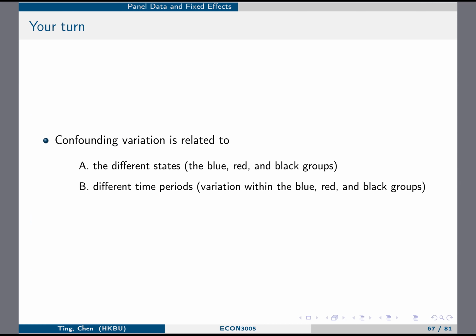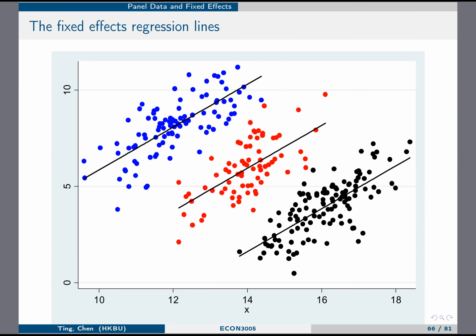Five seconds. Yes, the answer is A. So now you can see, look at this graph. We are actually holding the state constant, right? We compare within the state. For the blue state, we compare and draw a line over the data from different years.